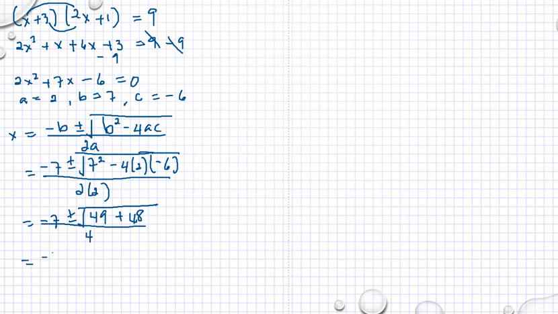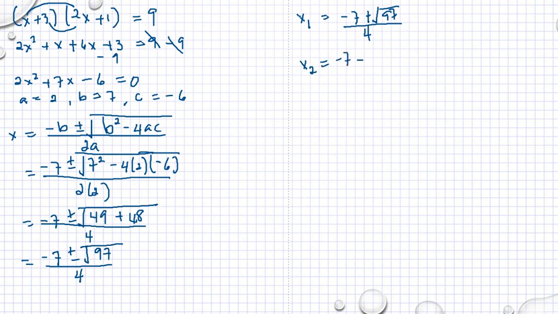Then we have negative 7 plus minus the square root of 97 divided by 4. Then x sub 1 is equal to negative 7 plus the square root of 97 divided by 4, and x sub 2 is equal to negative 7 minus the square root of 97 divided by 4. That's our solution.